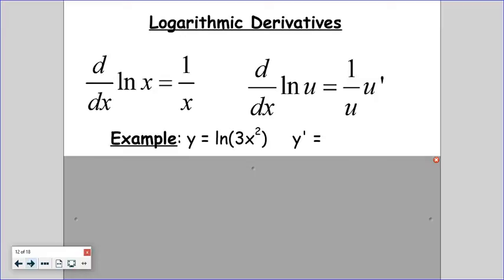So the example I have up there is exactly that. It's got an inside that's more than just an x, so we'll have to apply chain rule. The derivative of the outside function, the derivative of natural log, would be 1 over the insides. So this would start out as 1 over, and our insides are 3x squared, times the derivative of the inside, so times the derivative of 3x squared, which would be 6x.